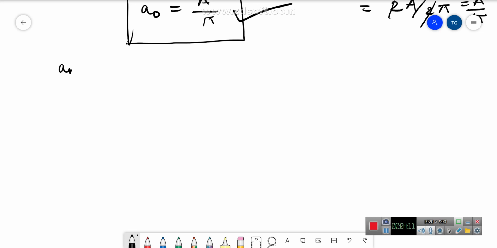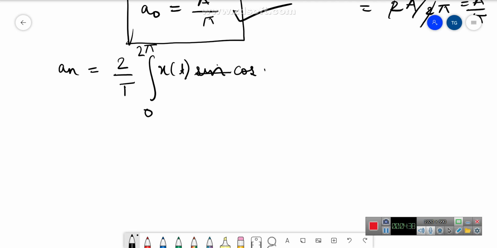Okay. Now we will calculate what a n is. We know the equation for a n is equal to 2 by T integration over 0 to pi in this case, or it is 2 pi because it is always 0 to T, of x of t cos n omega naught t dt.